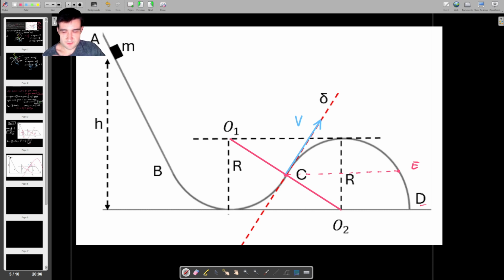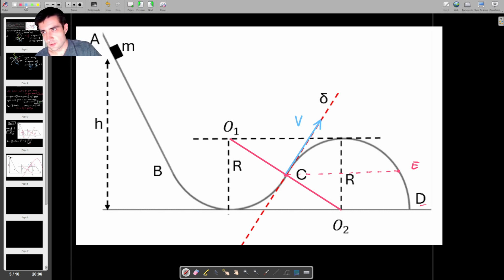Now we have this part A, where we found the condition of the object detaching, and then there's part B, where suddenly we're dealing with projectile motion. So let's try to figure out what the velocity has to be, and then we're going to work backwards, kind of.